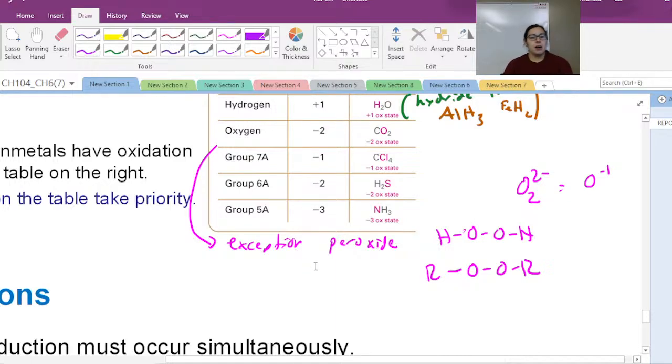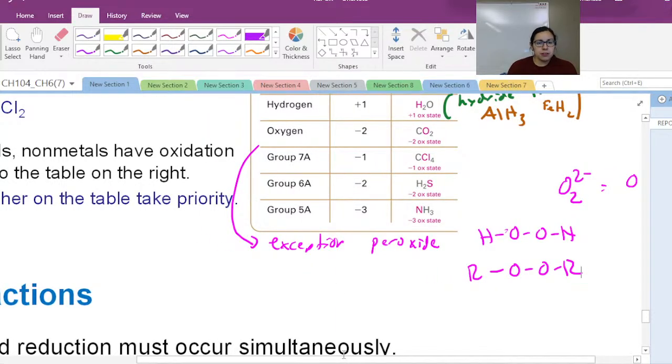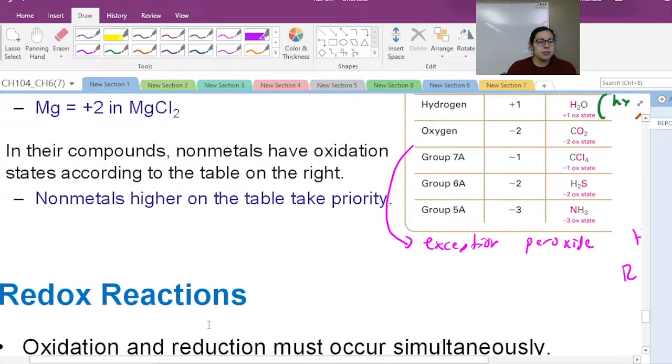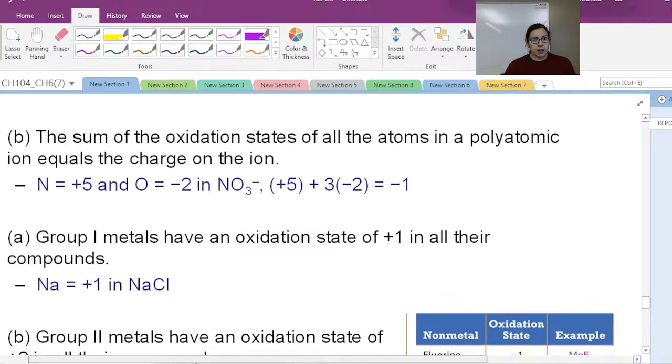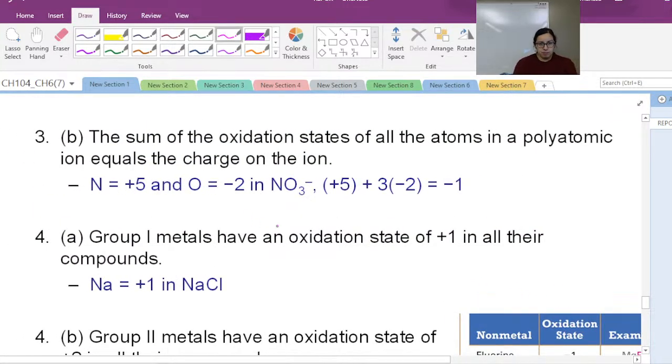The rest follow pretty normally: group 7 are halogens, -1, group 6 are -2, so that's the rest of the oxygen analogs. Then nitrogen is -3, or other group 5s. It did point out our oxidation states for nitrate.